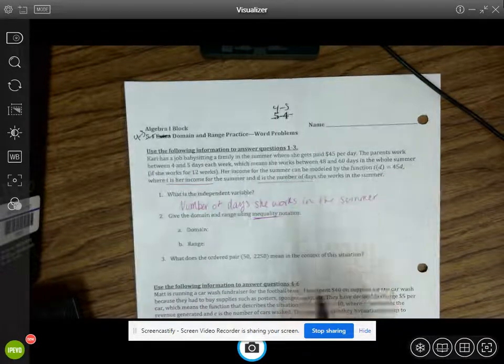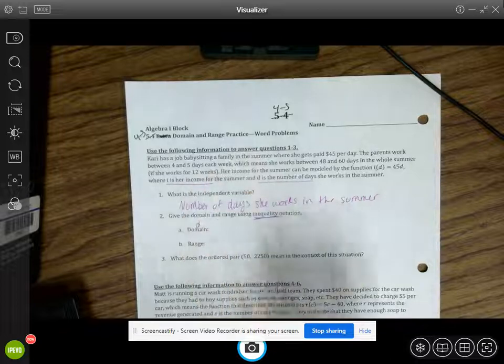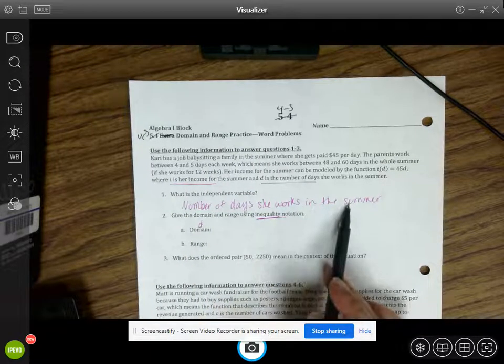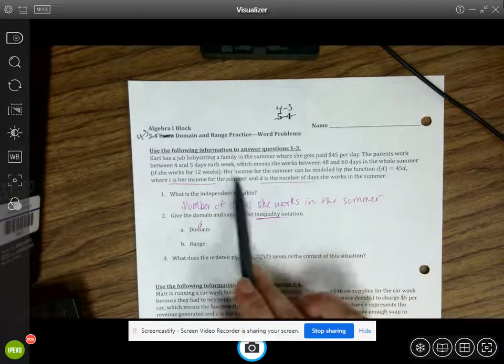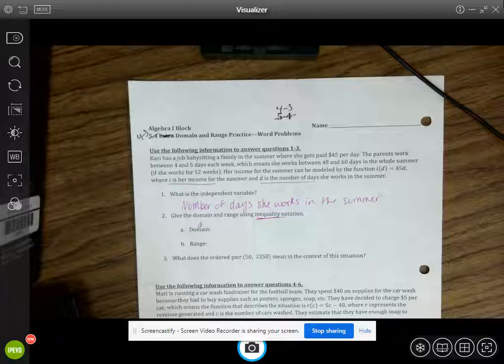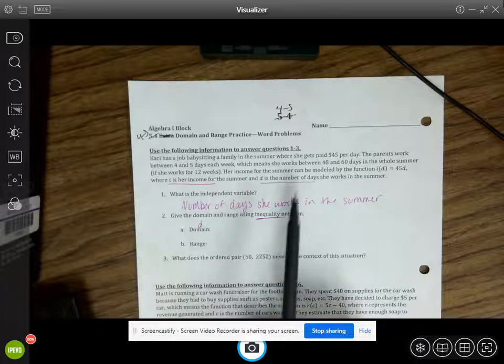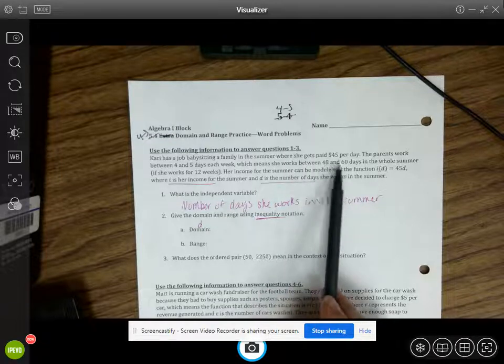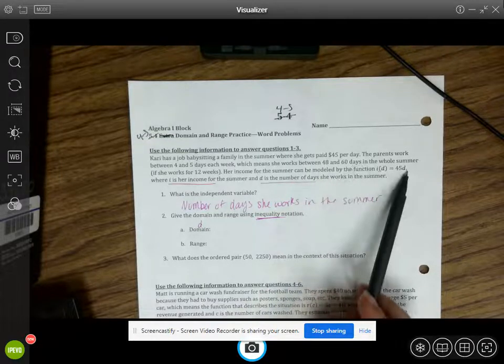D. And D stands for the number of days she works in the summer. So we're going to come back up here. It's going to tell us something about the number of days that she works. It says that she works between 48 and 60 days in the summer.